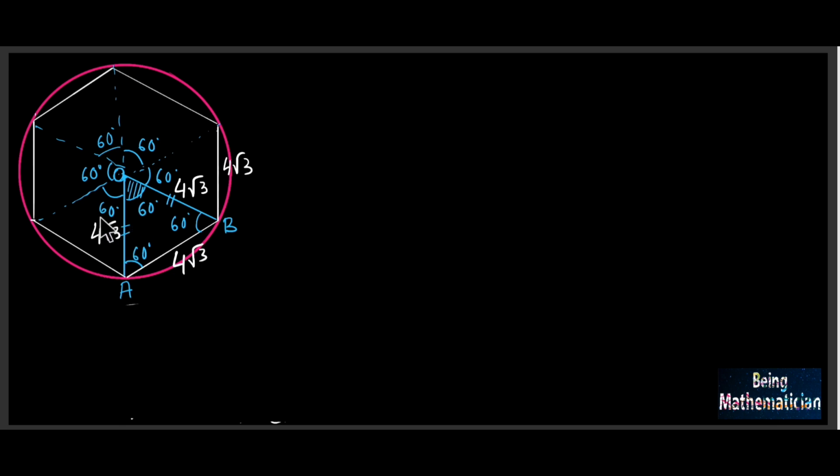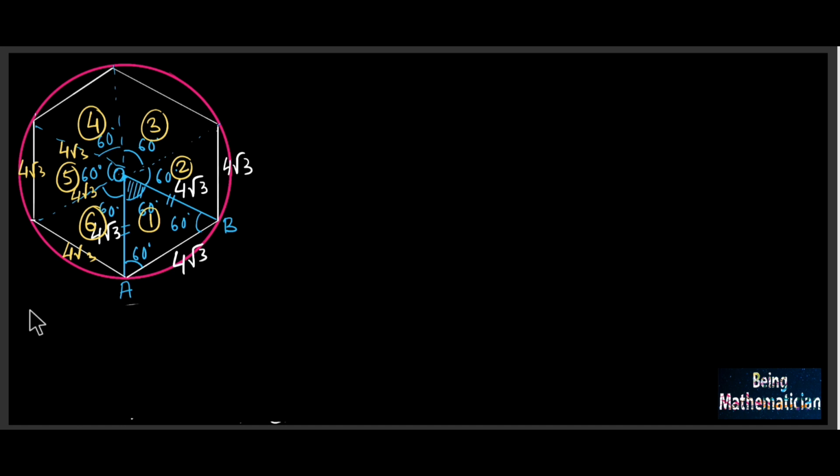Now look at these 6 triangles. The 6 triangles have each side of 4√3. So these 6 triangles are congruent triangles and they are also equilateral triangles. So we can say these congruent equilateral triangles make the complete hexagon.